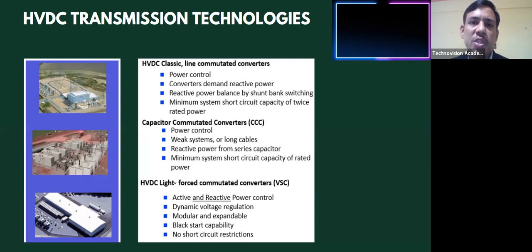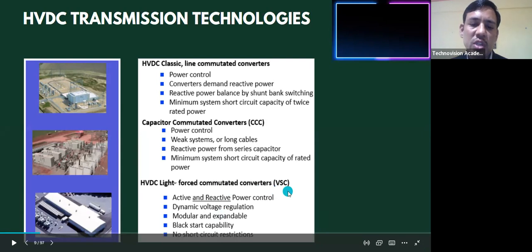In conventional HVDC, when you vary the active power, nearly 50 to 60% reactive power needs to be supplied to the station, otherwise we can't transmit the power. That limitation is overcome by voltage source converter based technology. And it has black start capability, which is not possible in conventional HVDC.